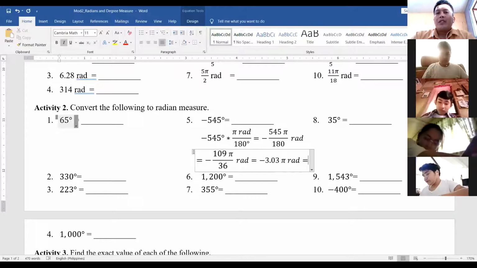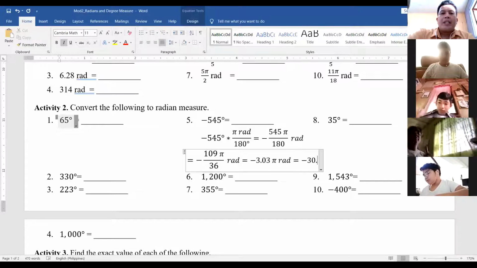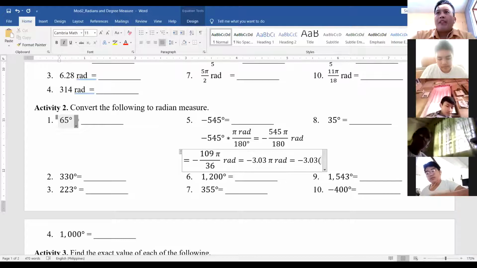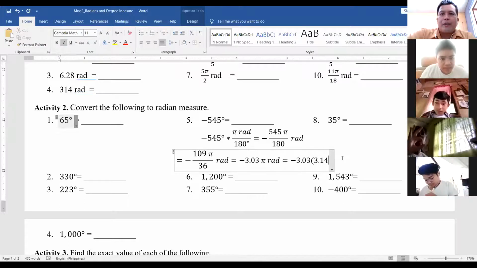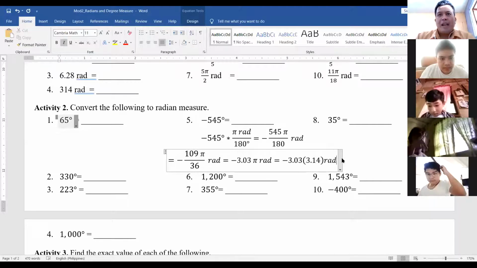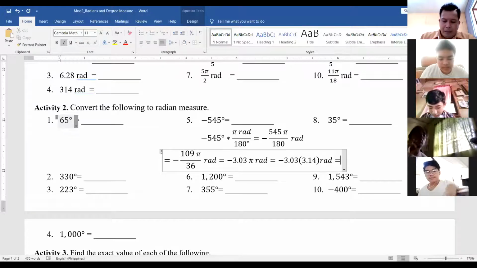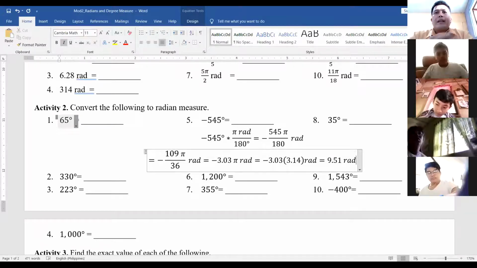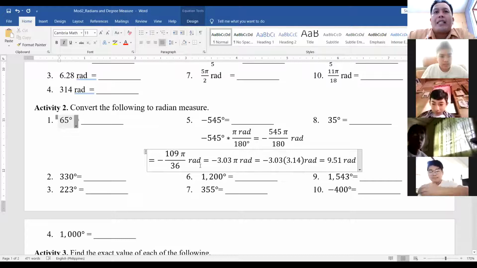Also, if you wish to eliminate the pi, you can multiply 3.03 by the value of pi. We will agree to use 3.14 for pi. So simplify the answer by multiplying 3.03 by 3.14, and you get negative 9.51 radian.